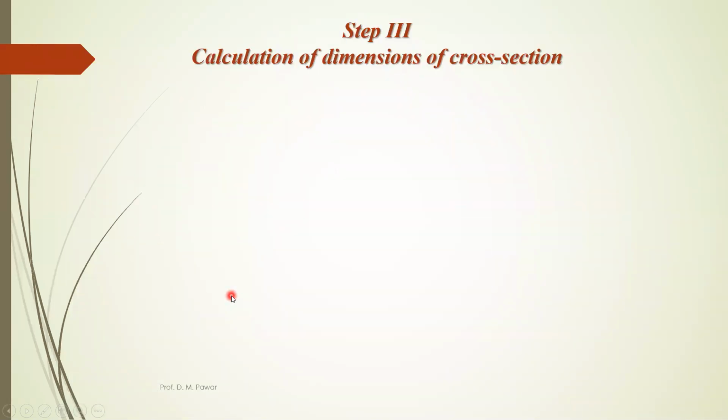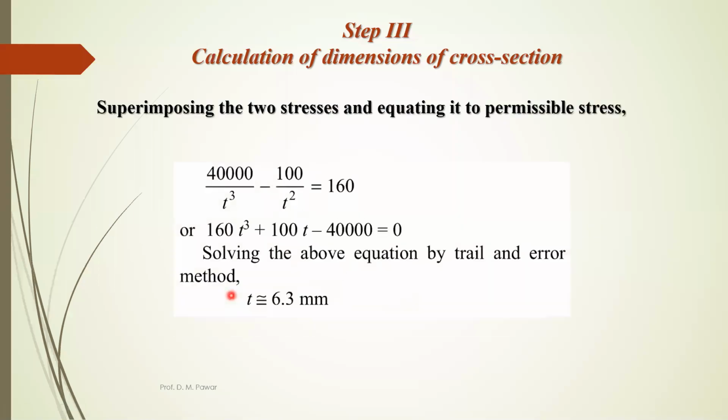Compressive stress is always negative, so it is bending stress minus compressive stress, equal to 160. 160 is the permissible stress that we calculated in the first step.